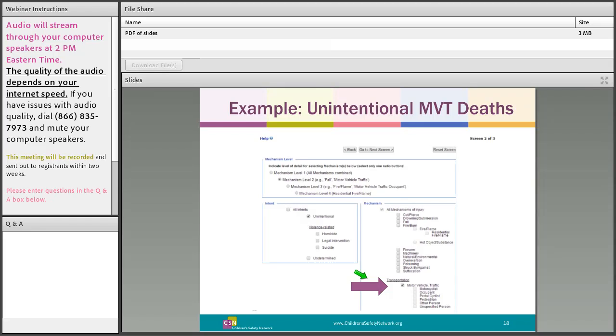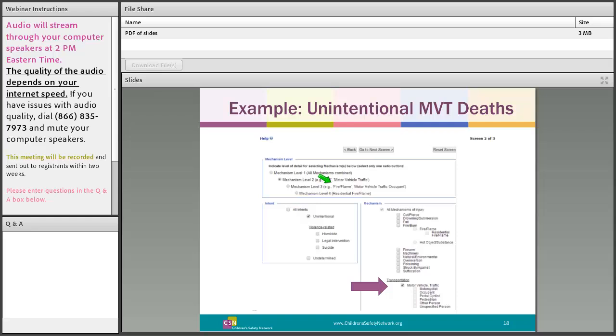Here, the first option you have to select is the mechanism level, and the various levels here mirror the International Classification of Disease description of injury, where the description gets more and more specific.